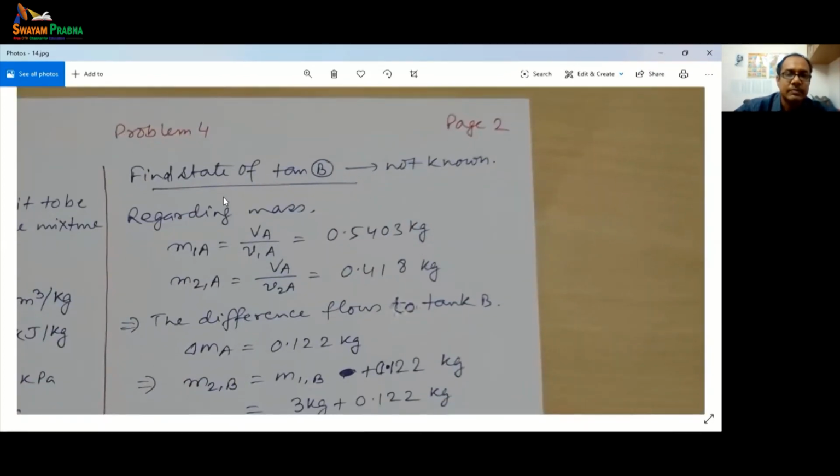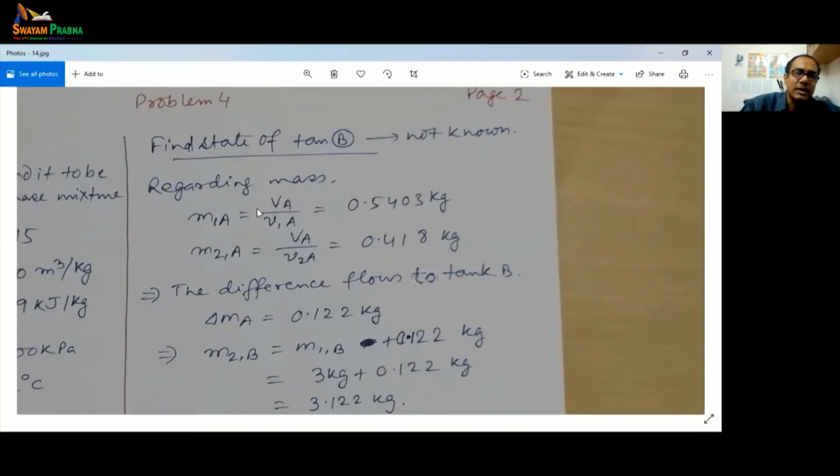Okay. Now the final state of tank B we don't know. Nothing is given. It's not isentropic, and its pressure is not given. But what we know is that the mass cannot escape, right? So M1A we know, and M2A we know.